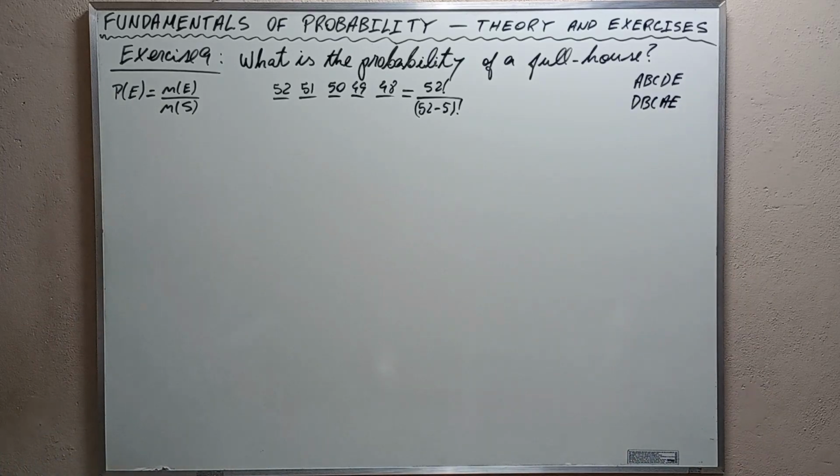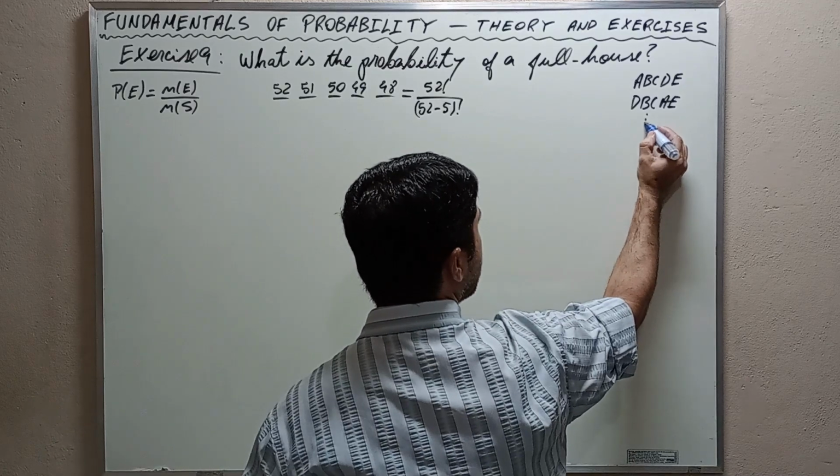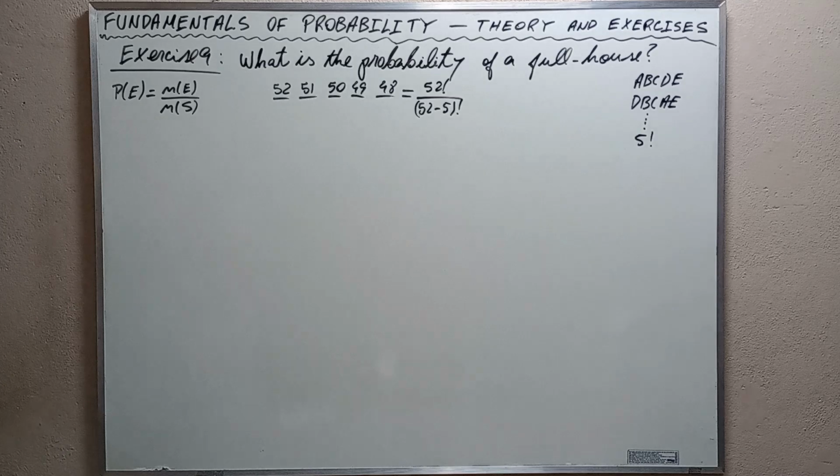The cards were dealt in a different order, but once you've had the hand dealt to you, you're going to observe that you have precisely the same cards. Then there will be 5 factorial repetitions of the same cards. That's why we have to remove these repetitions.